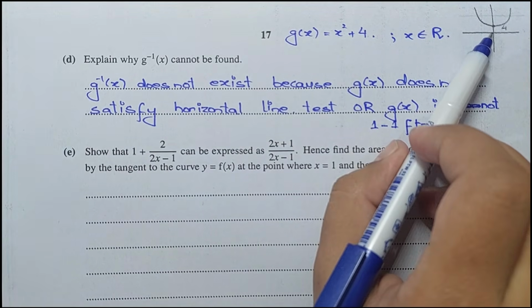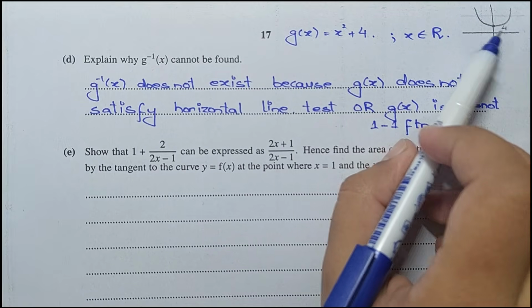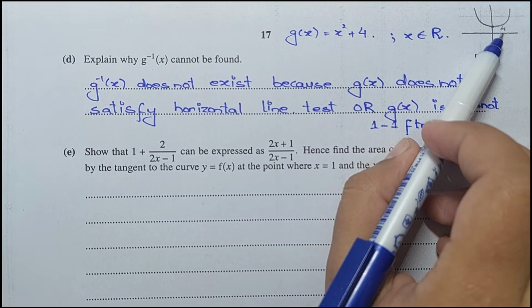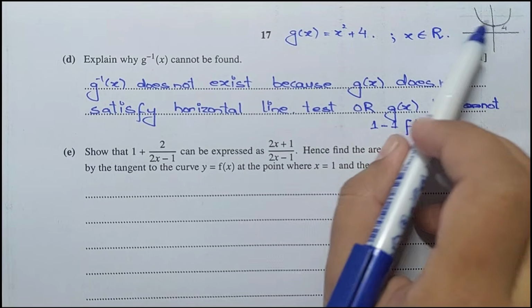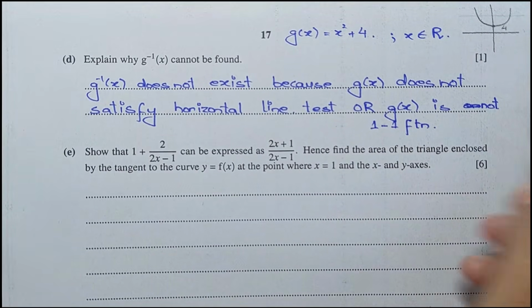You can see, when you give some inputs, like if you put input 1 and minus 1, you have the same outputs. The y values are the same, right? So the function is not one-to-one. This is one reason you can give. That is why the inverse of that function does not exist. The second reason is the graph of the function does not satisfy the horizontal line test. That is why the inverse of that function does not exist.